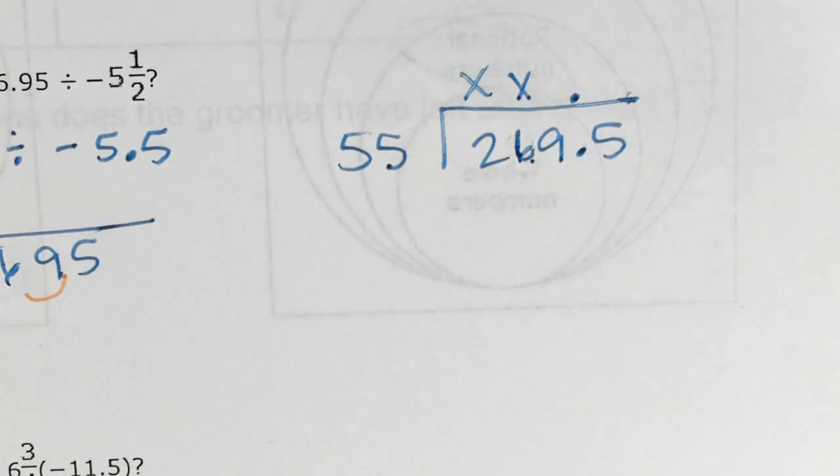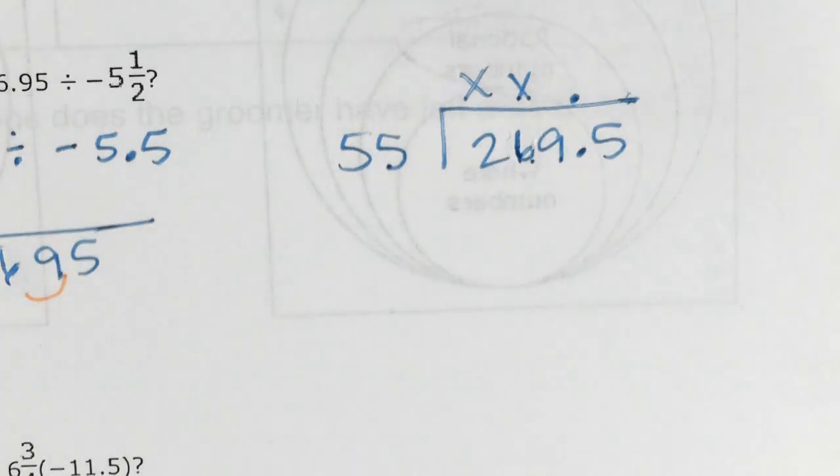Yes. So to get a rough start, I'm going to change 55 to 50 in my head, and 269 to 250 in my head. How many 50s would go into 250? Well, how many 50s are in 100? 2. How many are in 200? 4, and then add 1 more.